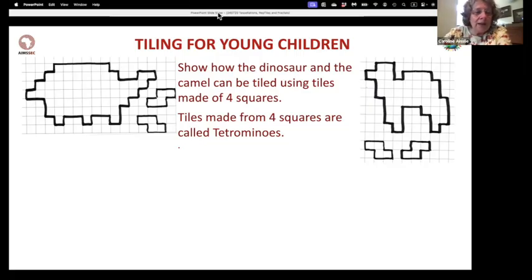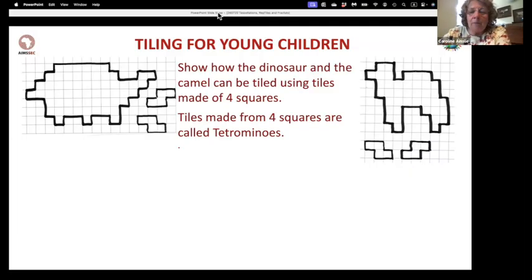So with tiling, if you use just the Z shape there, they can make these shapes. They can either draw them in or color them in to fill them out. You've got a dinosaur and a camel, both very interesting to young learners.